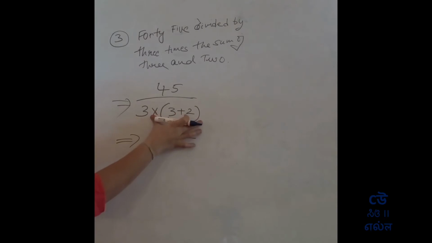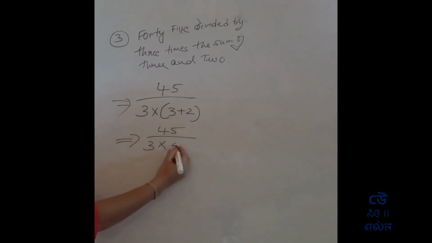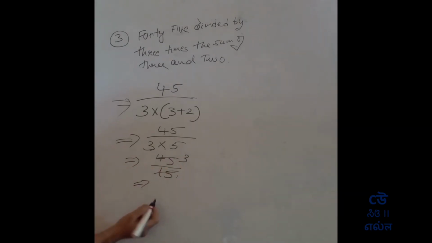Then first solve the bracket. 3 plus 2 is 5. Then solve the multiplication: 3 fives are 15. So 15 into 45 divided, 15 ones are 15, 15 threes are 45. So 3 is the answer.